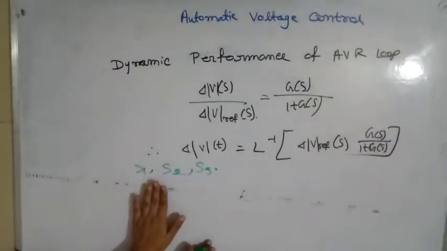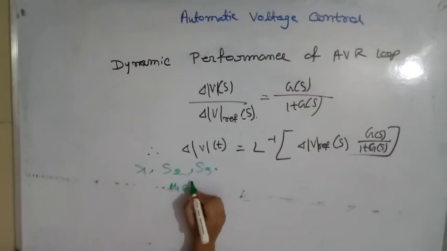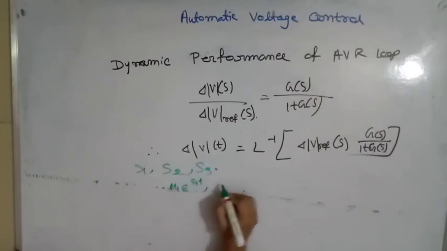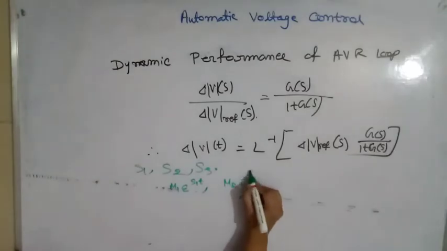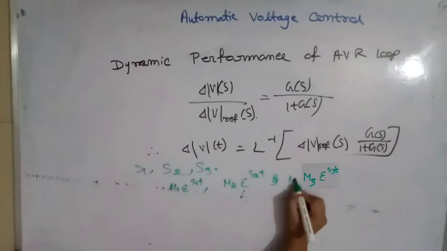If the roots are distinct and real, the transient response components are of the form m1 epsilon to the power s1t, m2 epsilon to the power s2t and m3 epsilon to the power s3t, where m1, m2, m3 are the amplitude factors expressing the relative size of the transient terms.